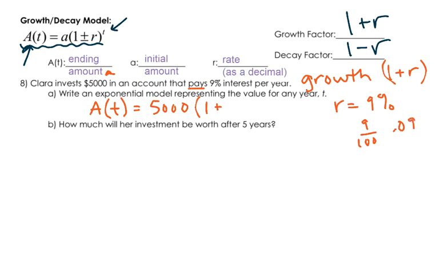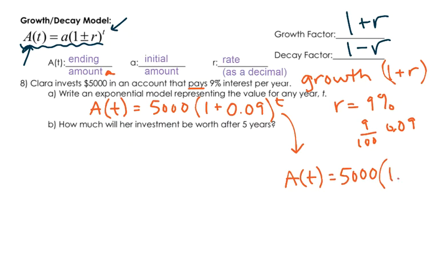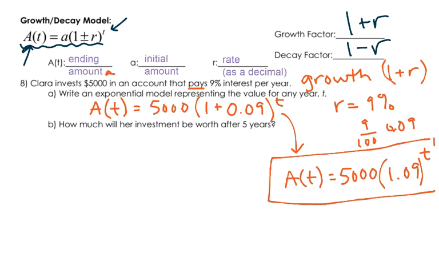So 1 plus 0.09, to the t power. And then I would rewrite that a little bit fancier. I'm going to write it down here because I'm out of room. A sub t is equal to 5,000 times 1.09 to the t power. So this would be my exponential model.